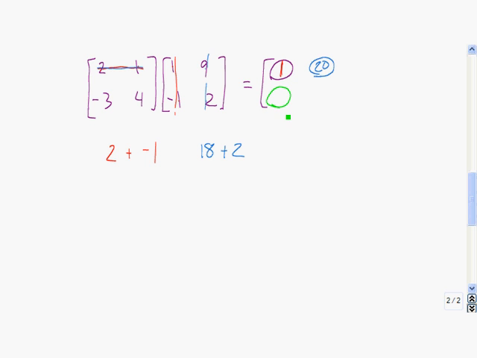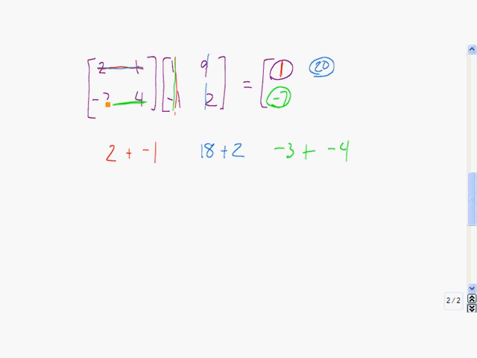To get this entry here, I'm going to use the second row of the first matrix and the first column of the second matrix. So I have -3 times 1, which is -3, plus 4 times -1, which is -4, and that gives me -7.